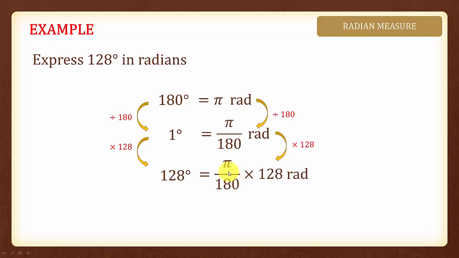And this will give us pi over 180 times 128 to give us 2.23 radian rounded off to 3 significant figures. Once again, do note that the value of degree is usually much greater than the value for radian.